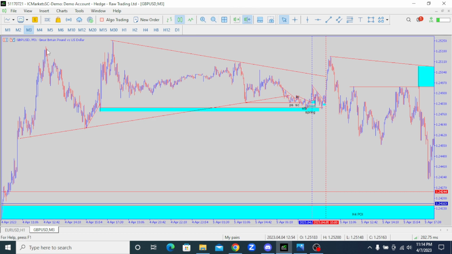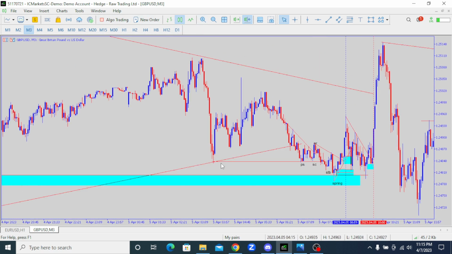You see, we are currently bullish, and we have this trend line below and this trend line above. So if I expect the price to continue the bullish order flow, it has to take care of a liquidity below before manipulating the liquidity to the upside.